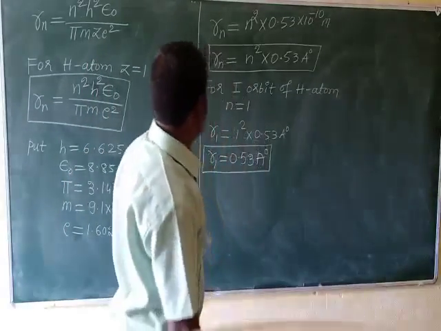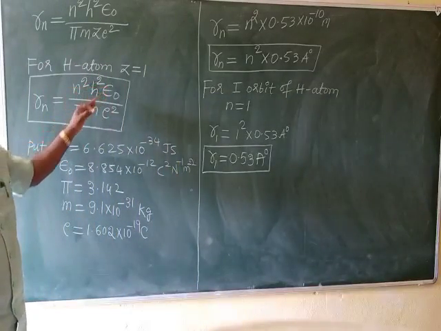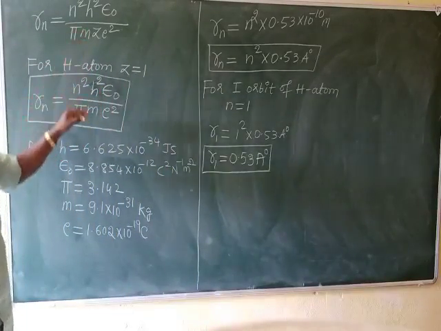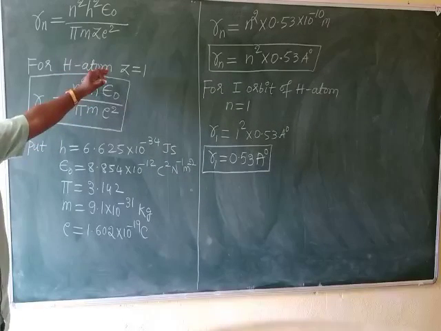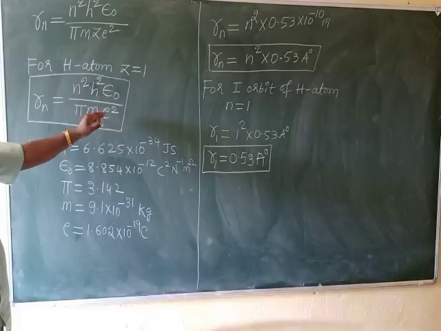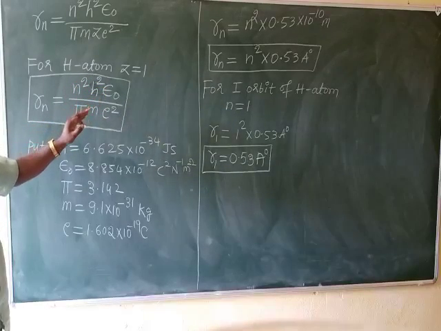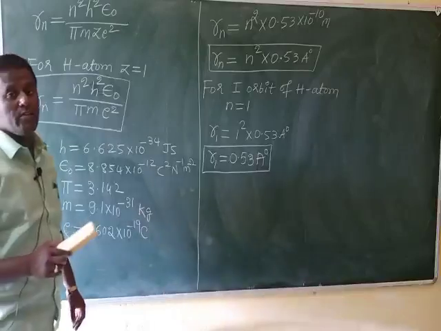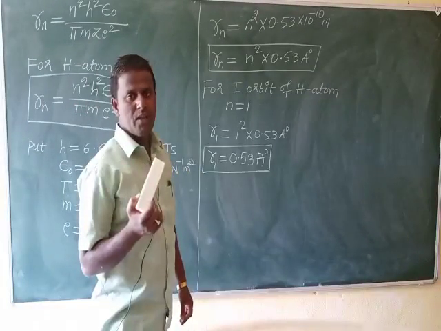The main expression is n square h square epsilon by pi m e square, and the derivation must start from here, with Z equal to 1 put in for the hydrogen atom.